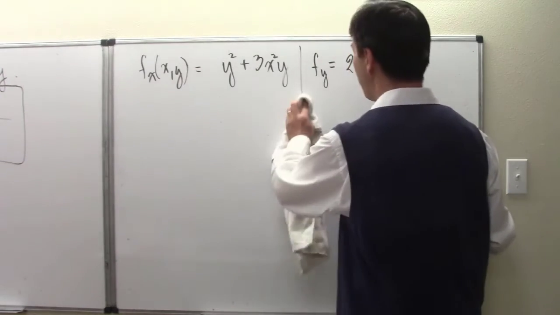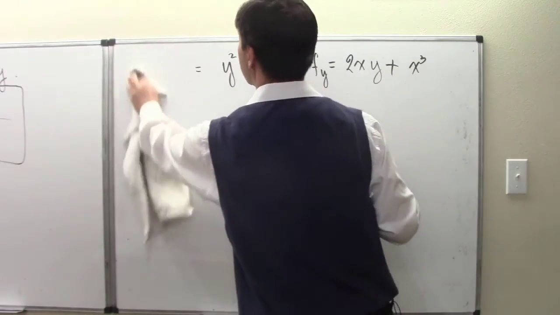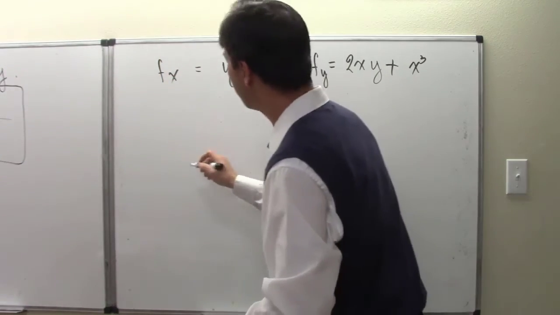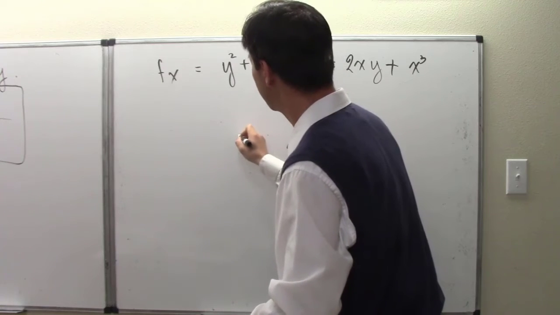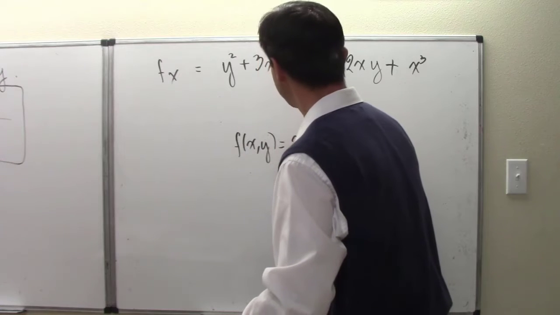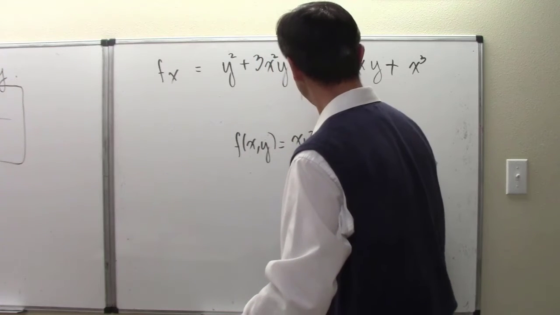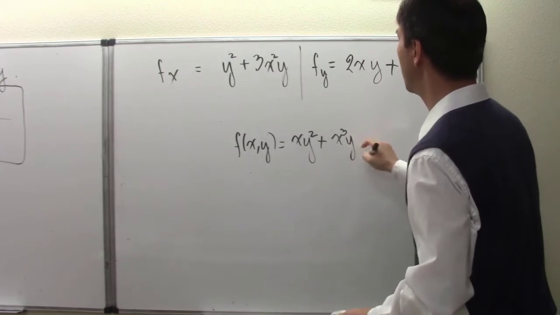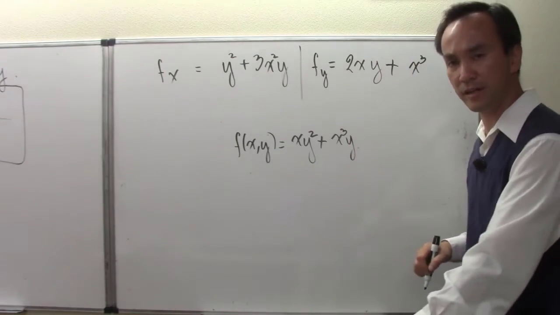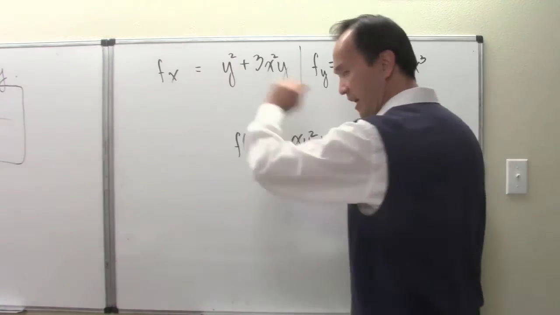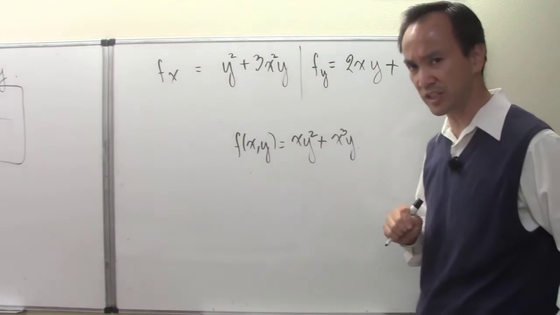Our beginning function, the function itself, was xy squared plus x cubed y. Okay, so let's compare the beginning function and f sub x right here, the partial derivative with respect to x, to see what happens here.